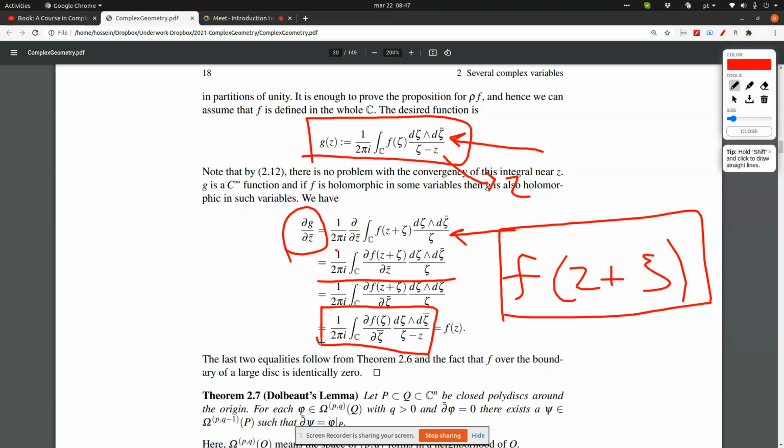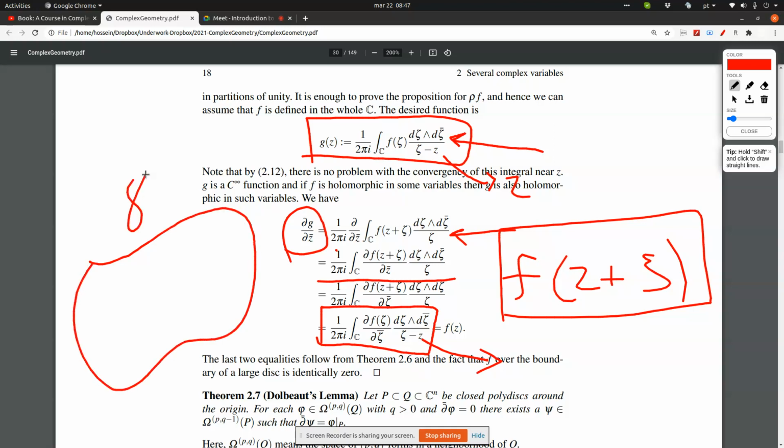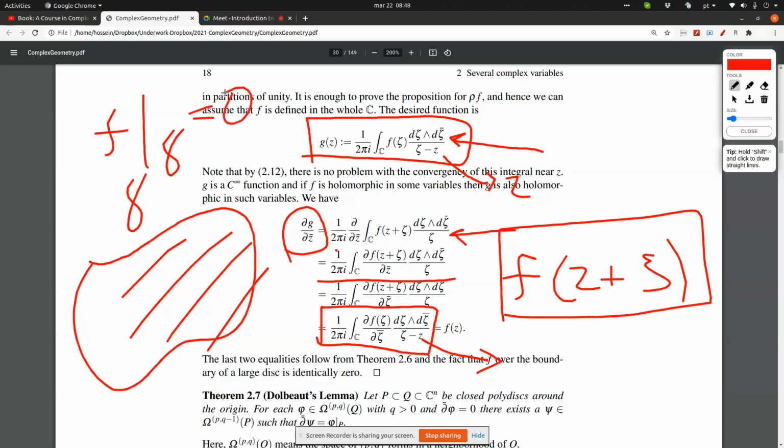And then in the last step, we have used this generalized Cauchy formula. Remember that for a very, very big disk, its boundary, f restricted to gamma is equal to 0. So that's why we will just have one part of the Cauchy integral formula, and the other one is identically 0.